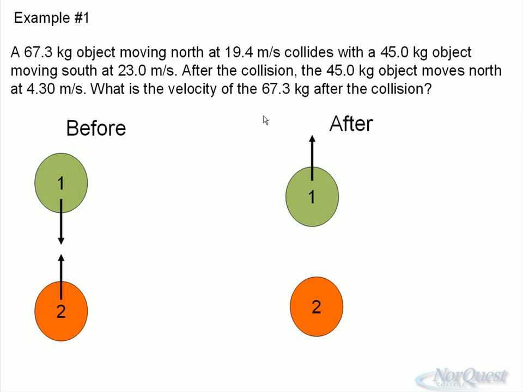It'll organize your information, help you figure out what's happening in the question, and take that whole word problem, which is a bunch of numbers, and translate it into some numbers that you can apply to the momentum formula. So take all your information, put it down on a before and after diagram, and then the problem becomes way easier to deal with.